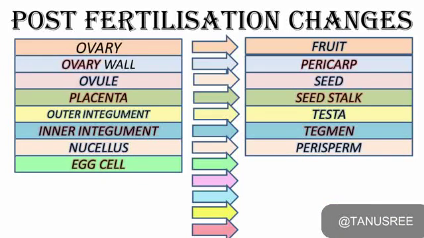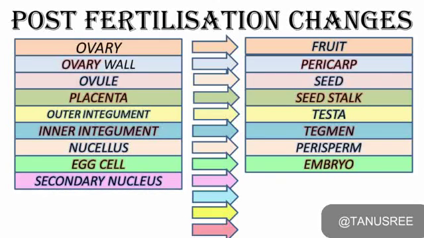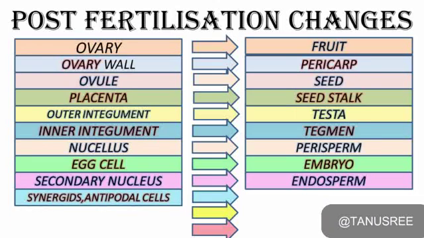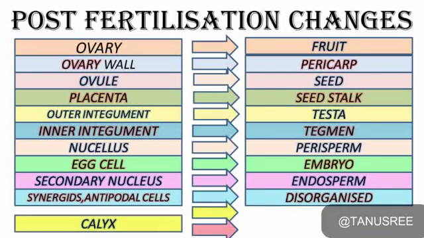The egg cell fuses with the male gamete to form the zygote, which later forms the embryo, which ultimately gives rise to an entire organism. The secondary nucleus develops into the endosperm, which keeps nourishing the developing embryo. The synergids and antipodal cells will get disorganized.